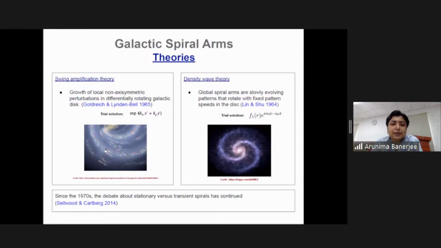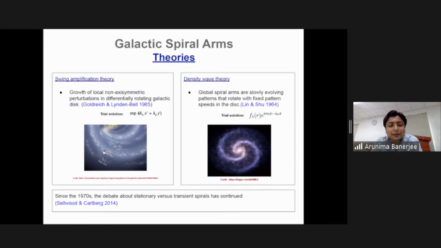If you can see my cursor, there is a density enhancement over here, and then there is a void kind of thing, and again, there is a density enhancement and void. So it is like harmonically varying about the disk of the galaxy. If you assume a harmonic solution, you can propagate it using periodic boundary condition. That is possible if you have a tightly wound kind of spiral.